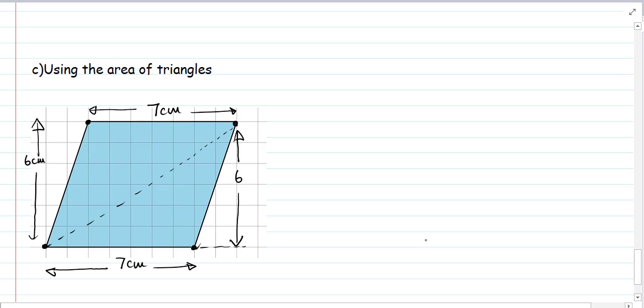Hope that's clear. Okay. Seven centimeters there. Vertical height of 6 centimeters is there.